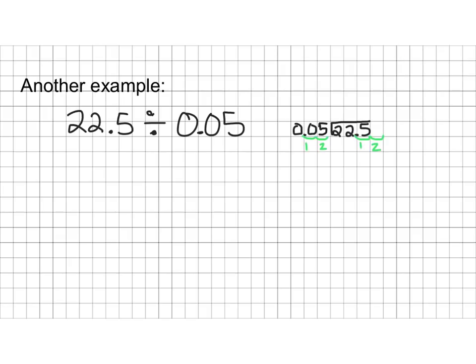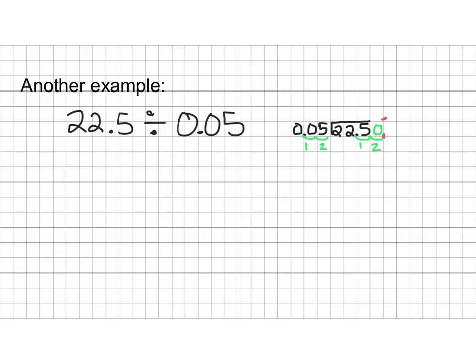So notice since we had to move 2 spots in the divisor, we moved 2 spots in the dividend, and we put in a 0 for any spots that don't already have a digit. Then we put our decimal in its final resting place right there.